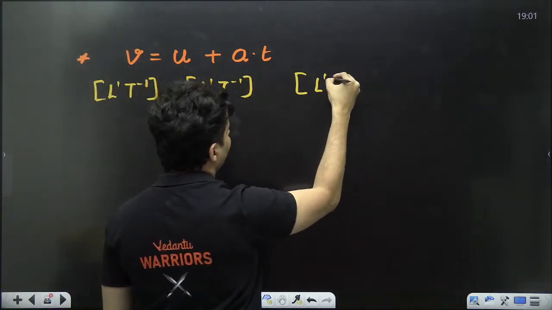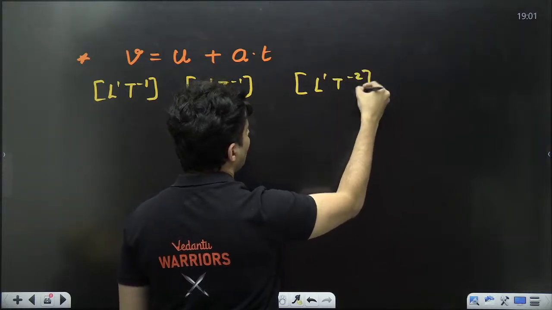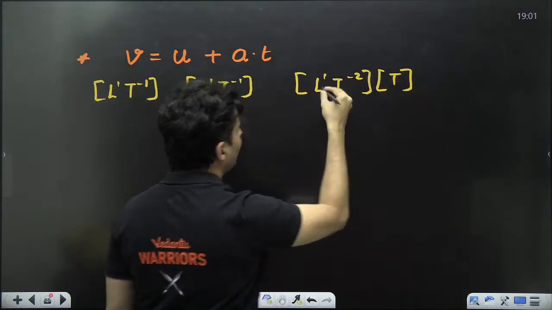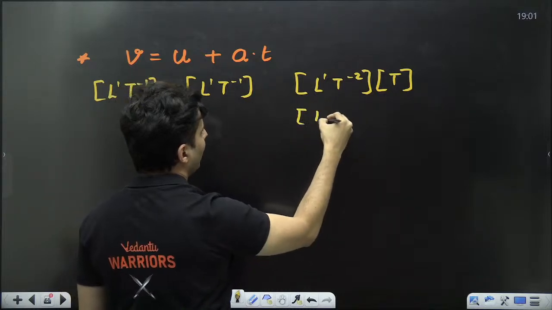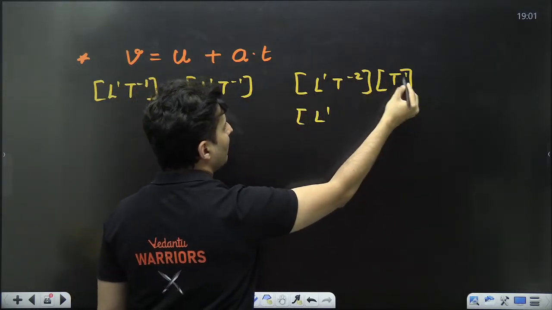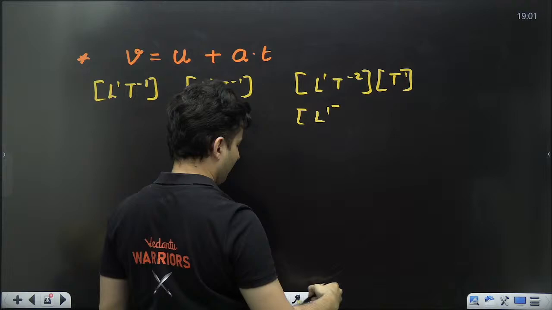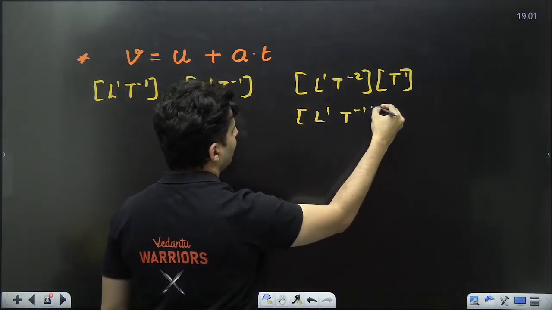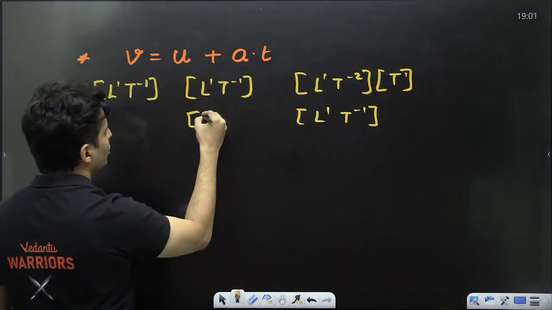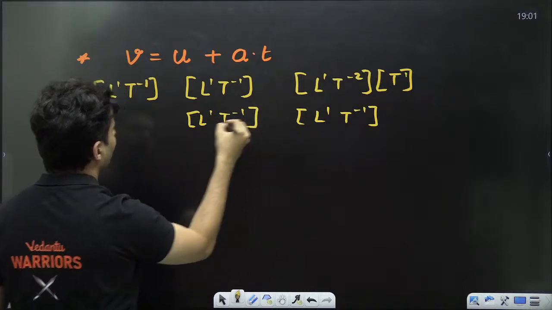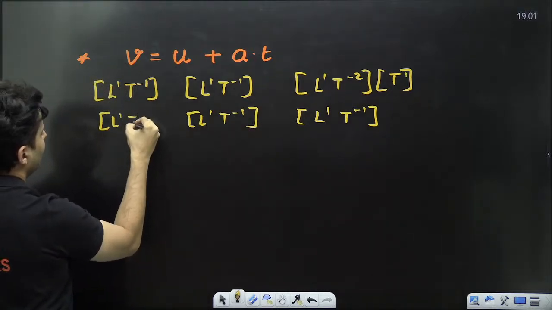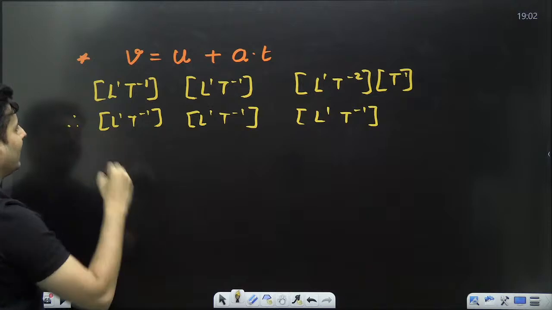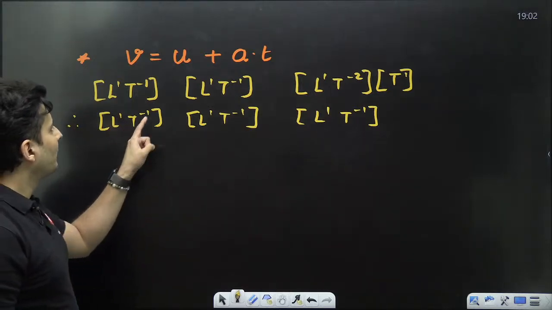Acceleration is length raised to 1 t raised to minus 2 into time. So this will become nothing but L raised to 1 t raised to minus 2 plus 1, which is minus 1, t raised to minus 1. So L raised to 1 t raised to minus 1, L raised to 1 t raised to minus 1. That's what I get.